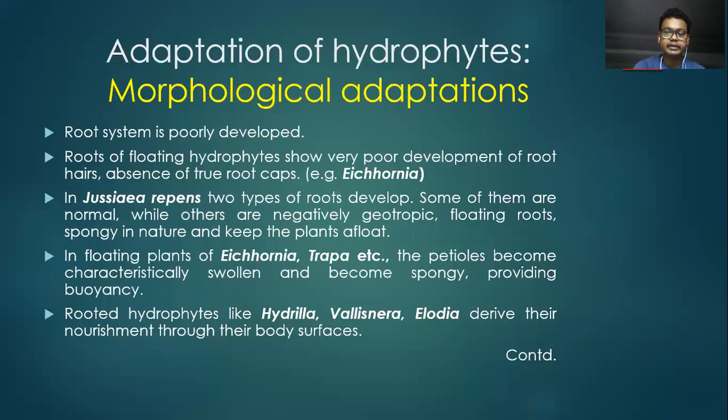But hydrophytes, which grow in a hydric condition or water body, are already covered or surrounded by water. That's why they do not need to absorb water from the soil, and the root system is not well developed.